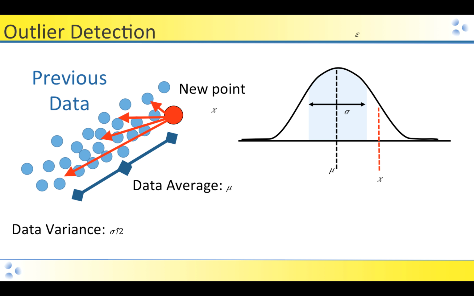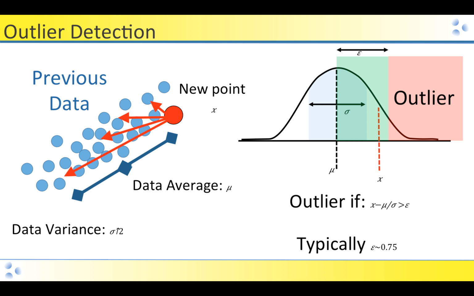In terms of the statistics, I can define a new data point as some measurement x. The previous data have an average, which I call mu, and a variance of sigma squared. What I'm looking at is the difference between the new data point and the average, divided by the standard deviation of the data.